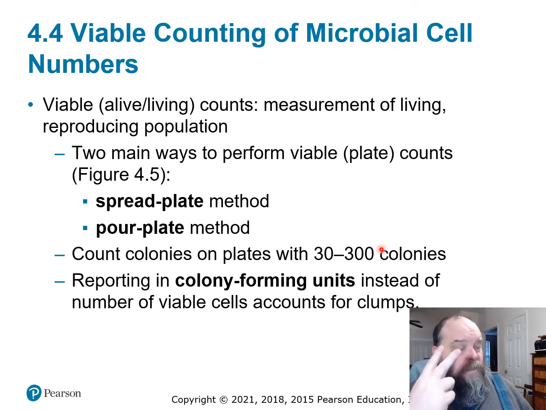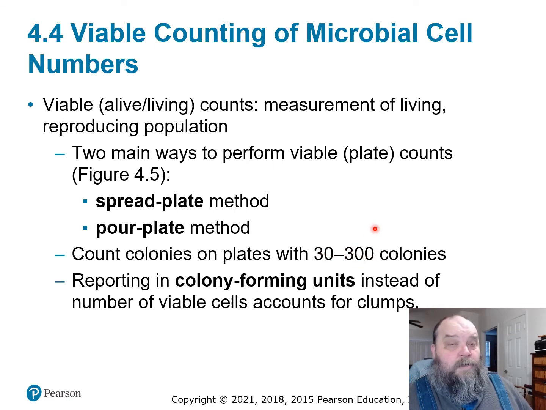Second thing you have to take into account is that there are limits. You want to disregard any plates where, after dilutions of the original aliquot, you end up with less than 30 colonies. That means you over-diluted, and that could really distort your numbers if you try to count fewer than 30.